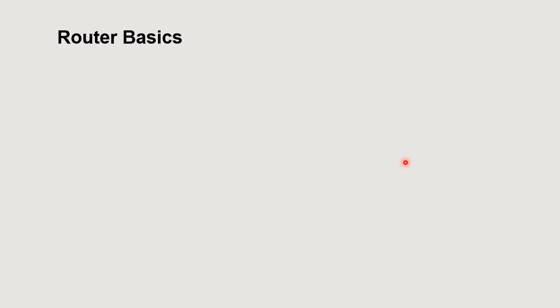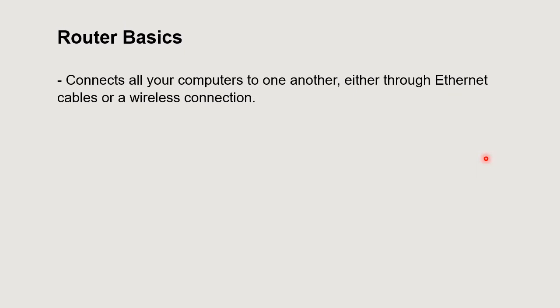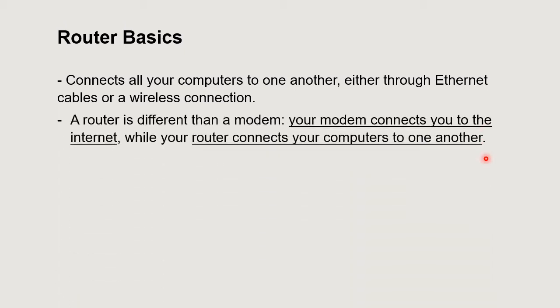So here are important things that we should know about the router. It connects all your computers to one another either through Ethernet cables or wireless connection. A router is different than a modem.